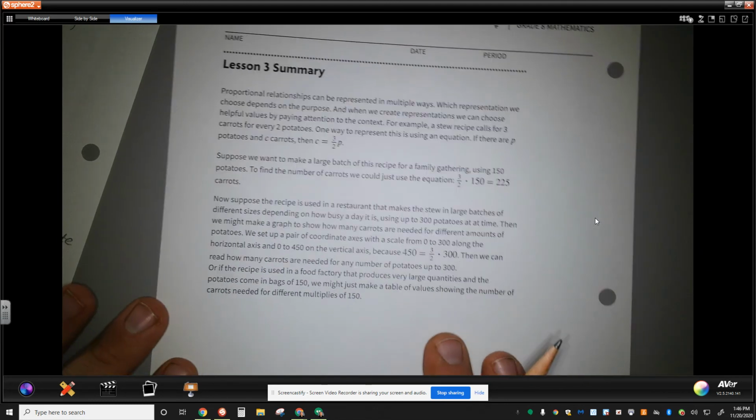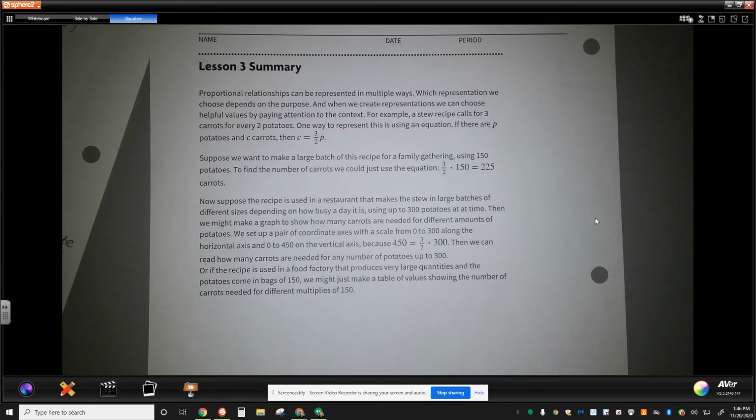What we want to remember as we work through this is that proportional relationships can be represented in multiple ways. Which representation we choose is all dependent on its purpose. When we create a representation for it, we can choose which helpful values help us to pay attention to the context. Like for this one, I love this example.